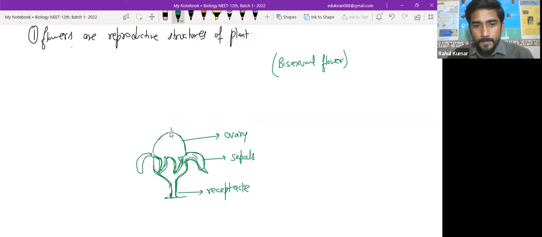First, sorry. This board is written. Then you will see a structure going upwards from the ovary. This is called, correct. This is the female part of the flower.